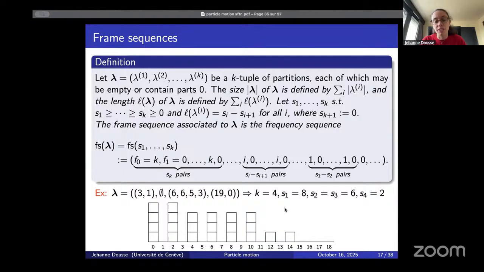Then we have 0 pairs 2 0 2 0, because S2 is equal to S3, and we have 2 pairs 1 0 1 0, because S1 minus S2 is 2. Okay, so there we have our frame sequence. And now we will see how to insert those parts of the k-tuple of partitions lambda inside the frame sequence. So let's see.